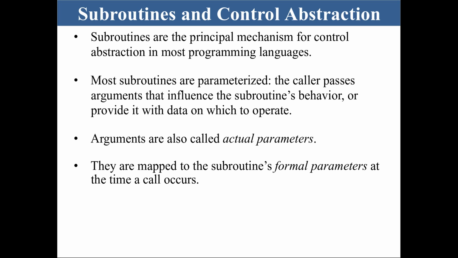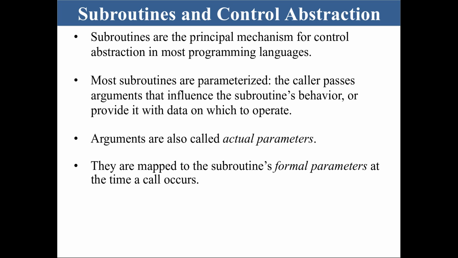Subroutines perform their operation on behalf of a caller. So subroutines are the principal mechanism for control abstractions in most programming languages, and the caller calls a subroutine, and most subroutines are parameterized.